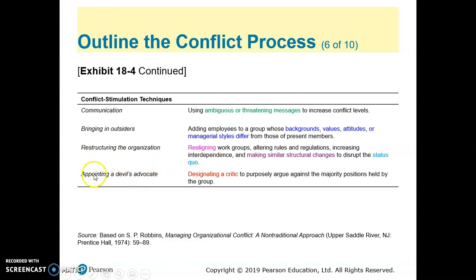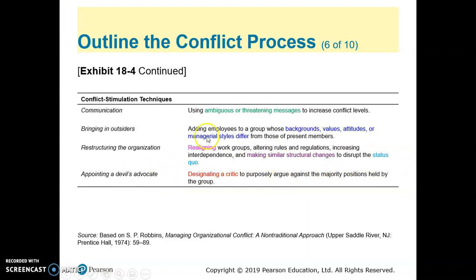Another way is appointing a devil's advocate. A devil's advocate is someone who comes in and criticizes everyone, or is normally designated as a critic to purposely argue against the majority positions held by the group.